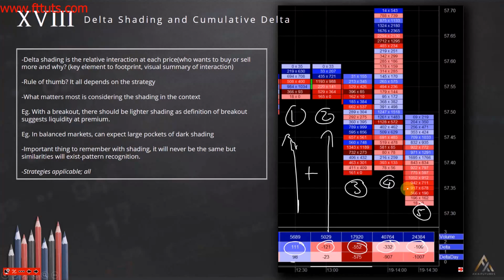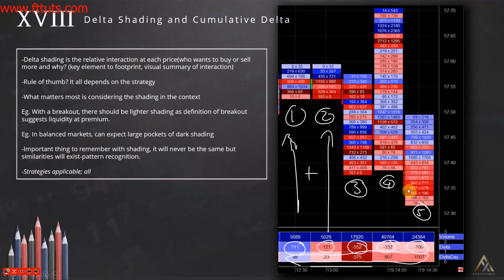It's simply accumulated over the period of a day. The reason this is very useful is because it gives us a very good snapshot of what the delta is doing over the course of the day.